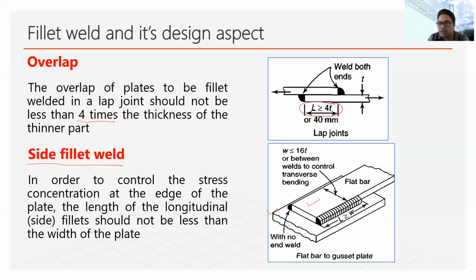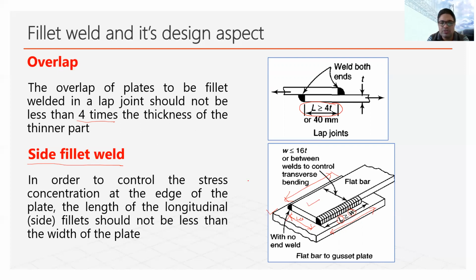This plate can be joined using welding along this direction, and similarly along this direction. If this is the length L and this width is W, then L should be greater than or equal to W.